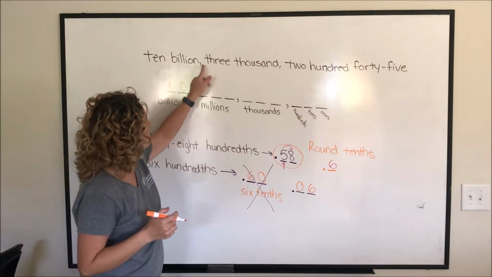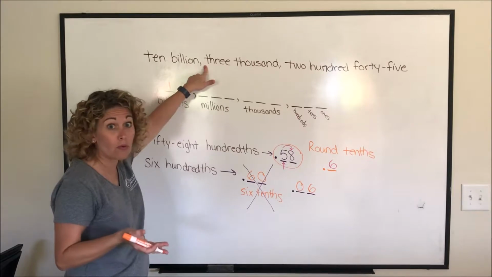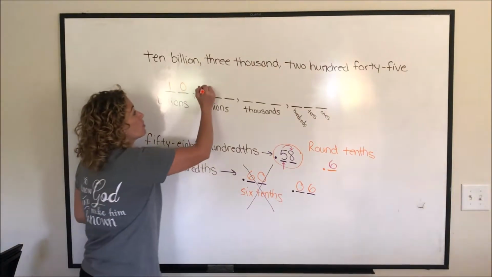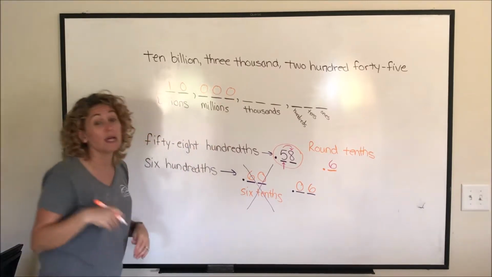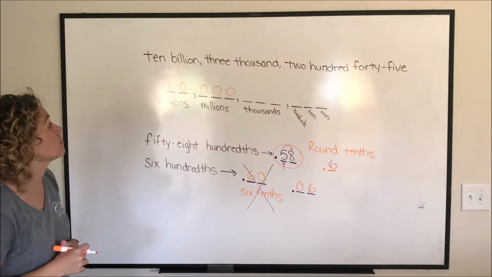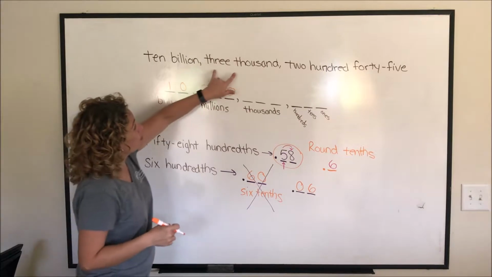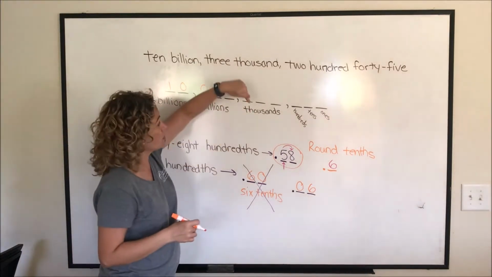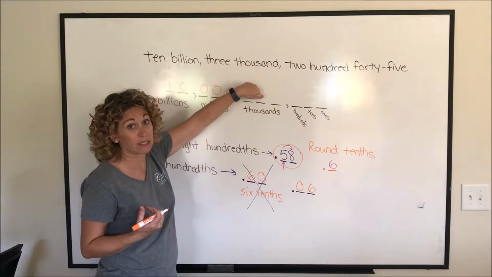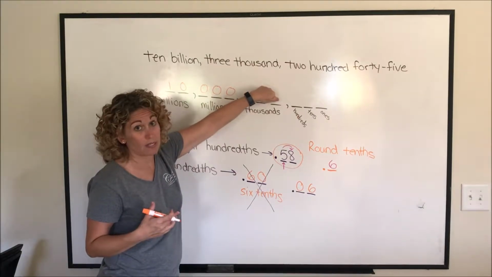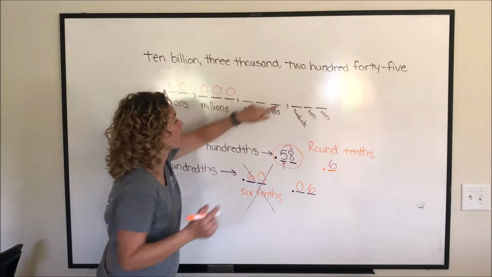Okay. Millions. Are there any millions here? No, there's nothing. So what you're gonna do is you still have those spaces you have to fill, but there's 0. Okay. Now we have 3,000. Do we have any hundreds? No. Do we have any tens? No. Do we have ones? Yes, we have 3 of those.